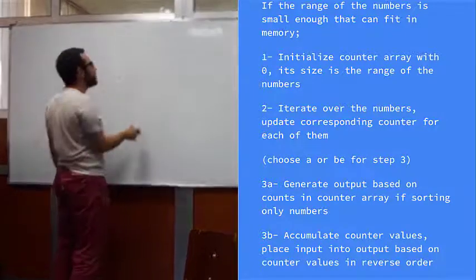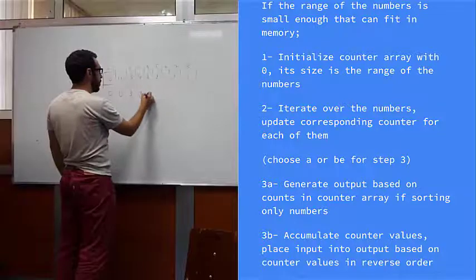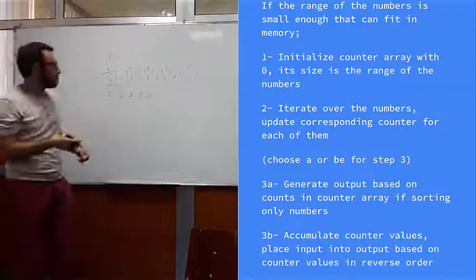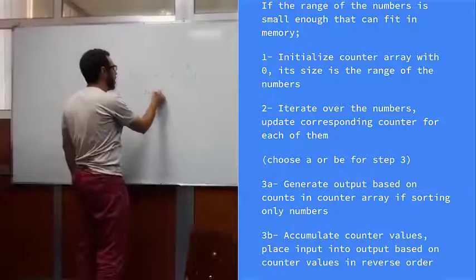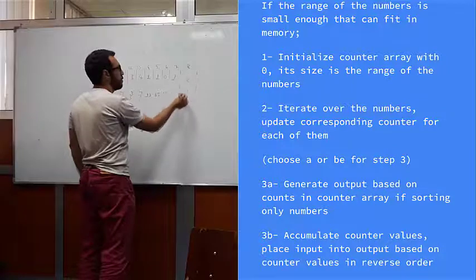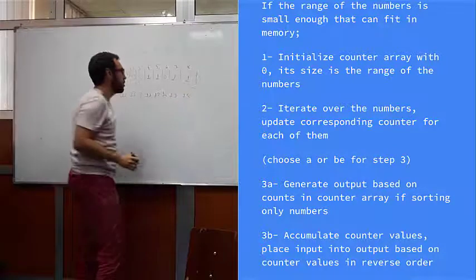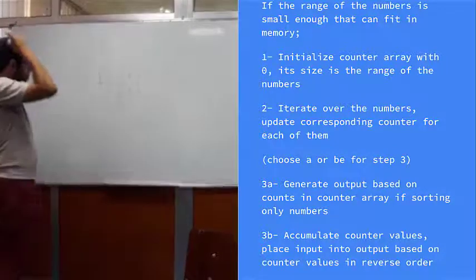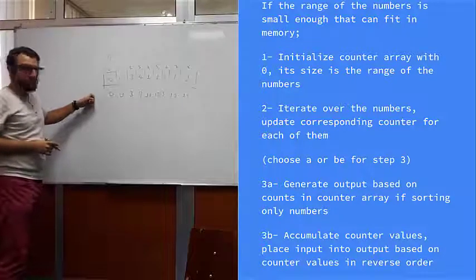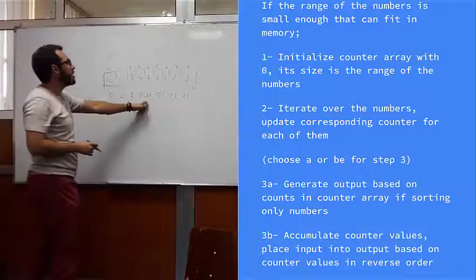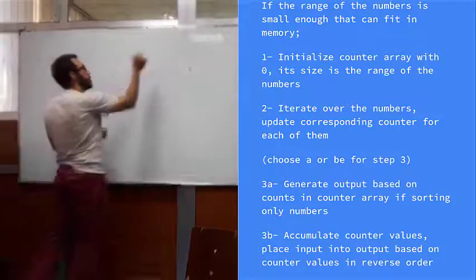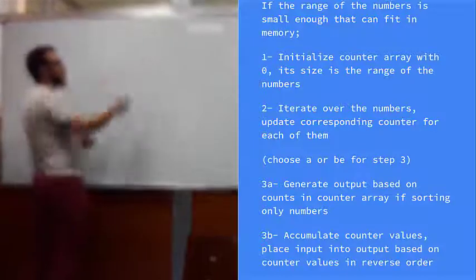How many elements have we seen up to 4? 11, right? Or actually it's including 4, so it's going to be 12 here, this is going to be 12, this is going to be 13, and this is going to be 14. So, right now, after we generate the accumulated array, based on looking at these numbers, we can detect the latest position of this number, or the first position of the next one.